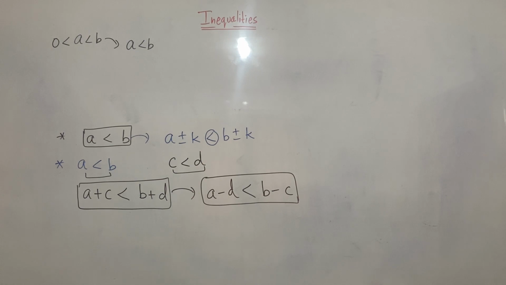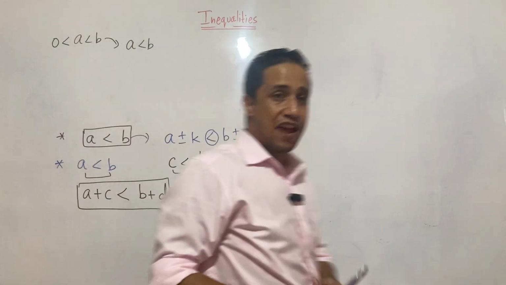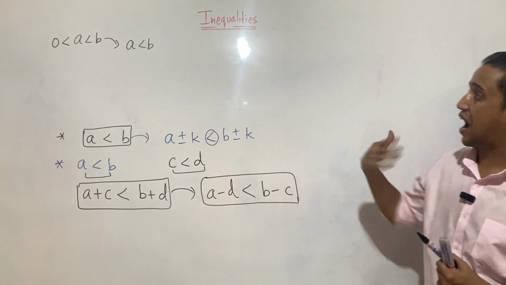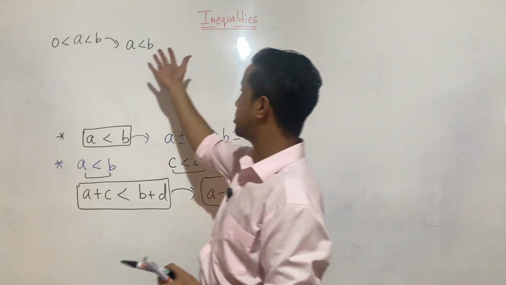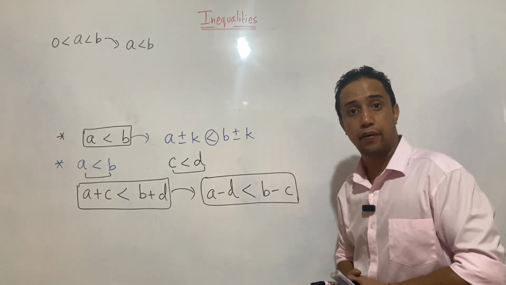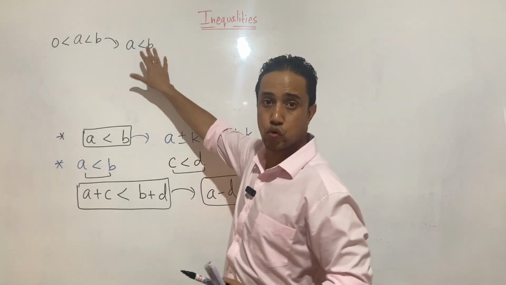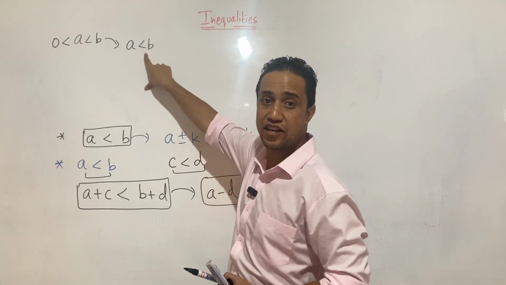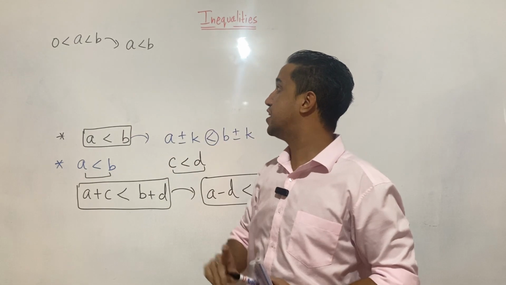Now I want to see that if I multiply either side of the inequality by some number, how it is going to affect the sign of the inequality.